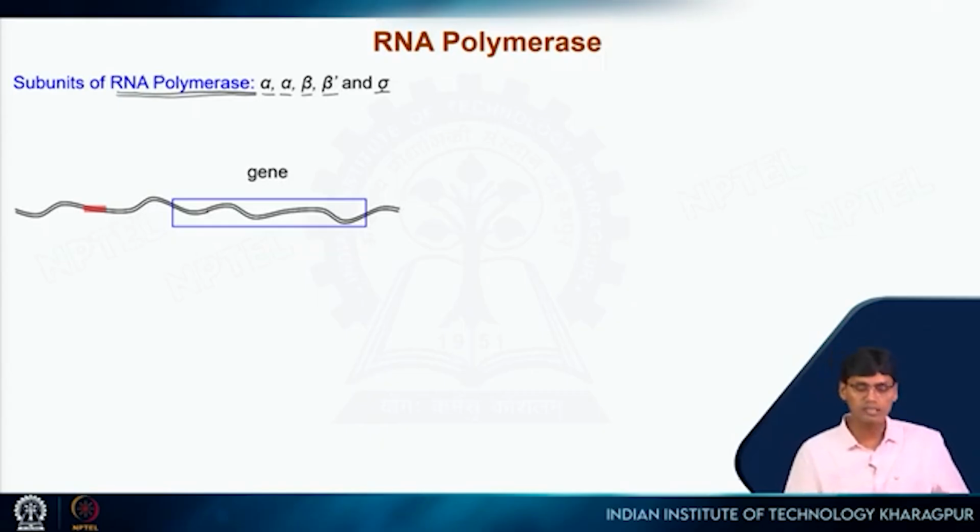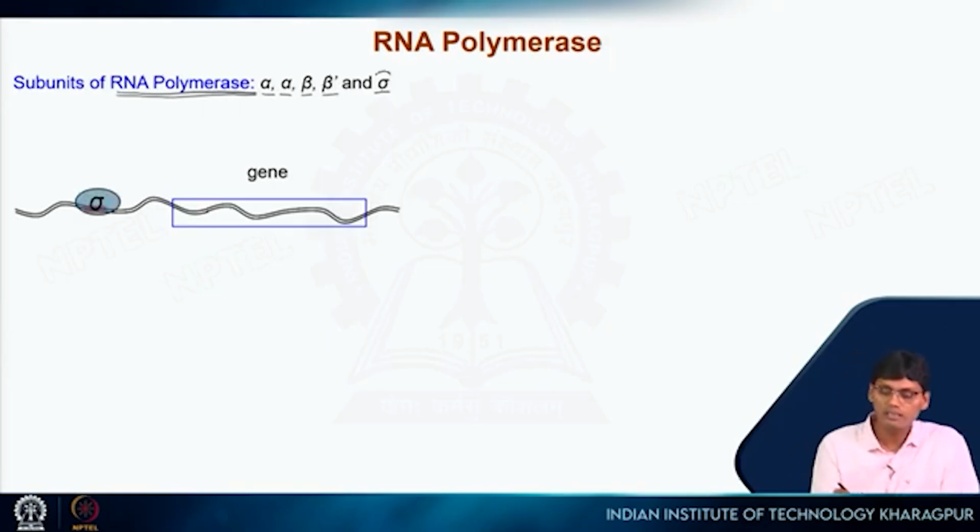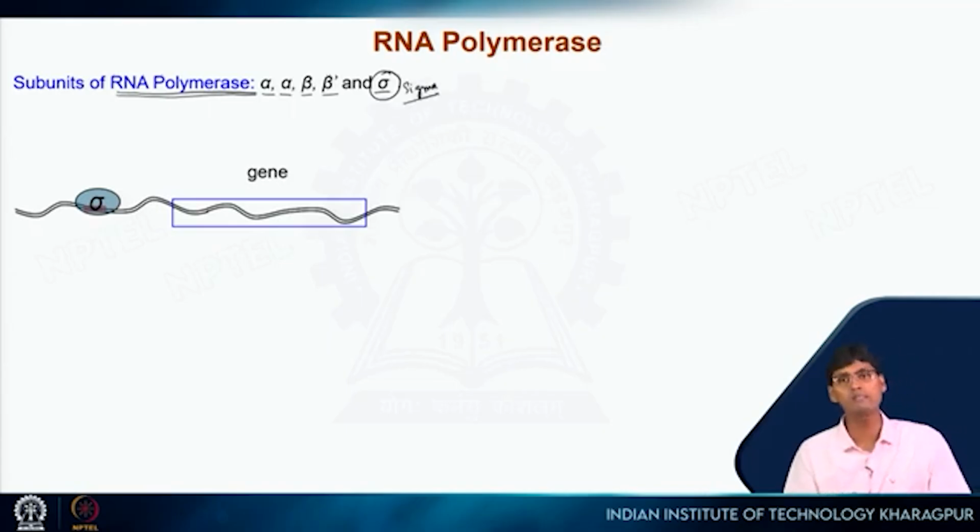Now I mentioned that RNA polymerase is recruited to the promoter site. How? If we look at the sigma subunit of RNA polymerase, it first recognizes the promoter sequence.